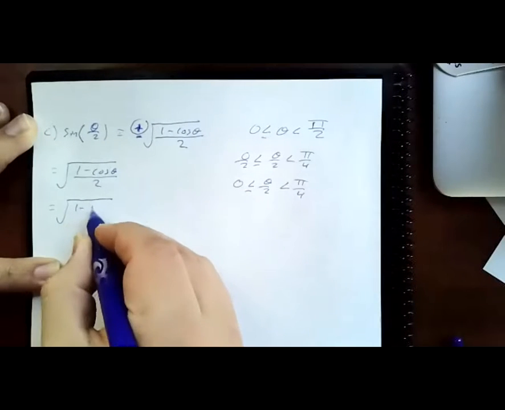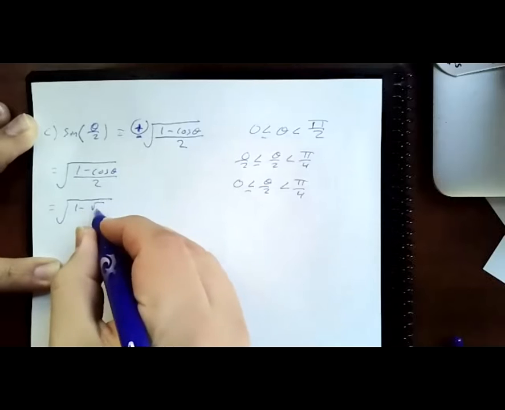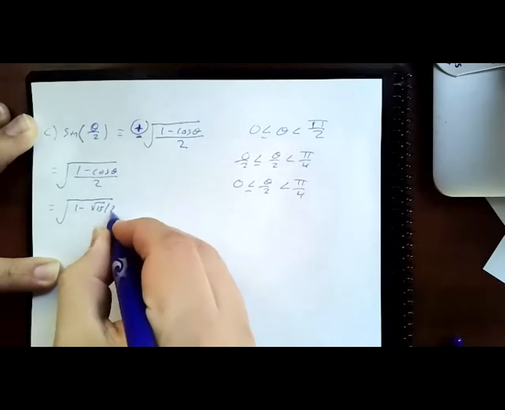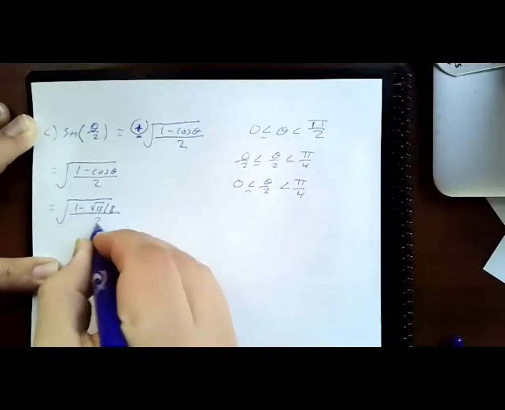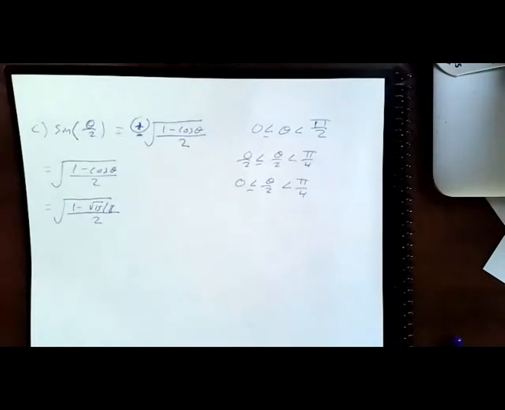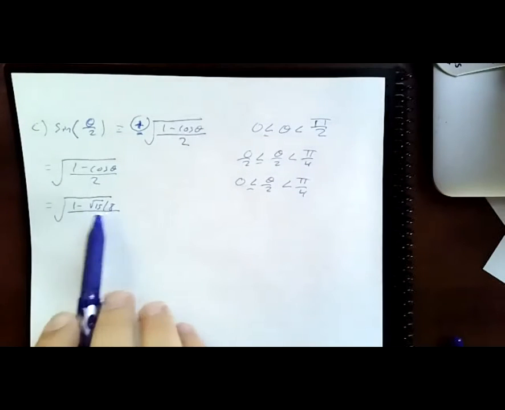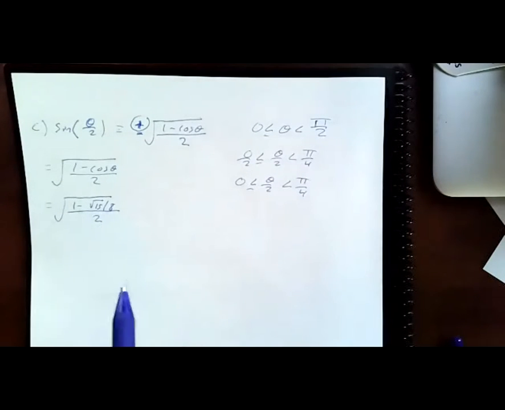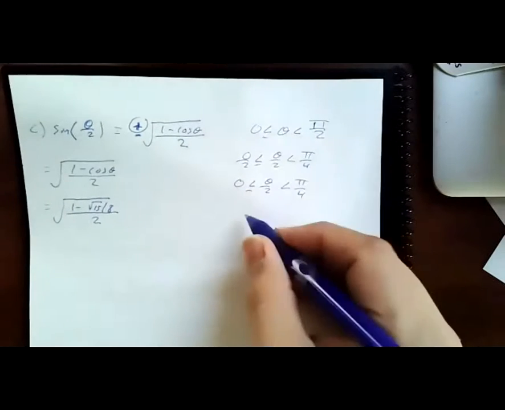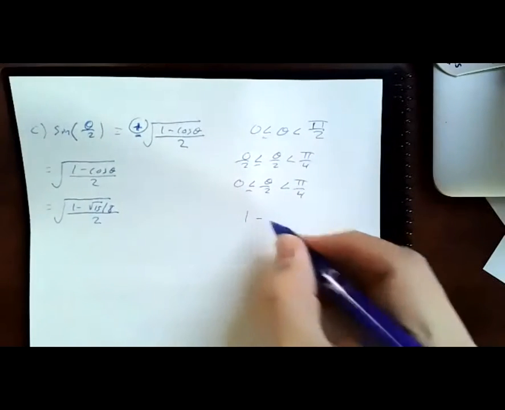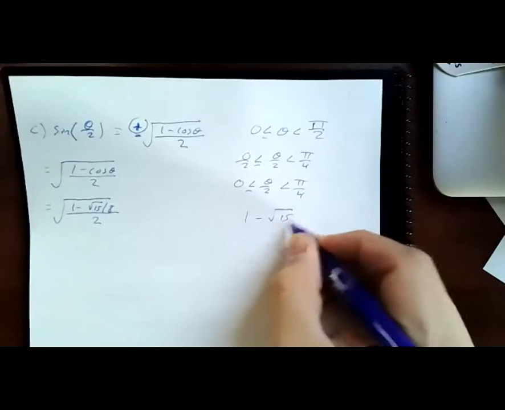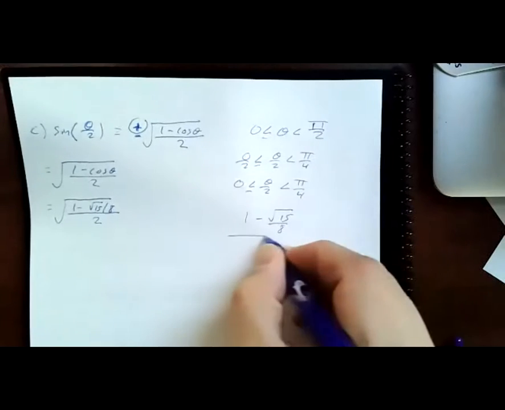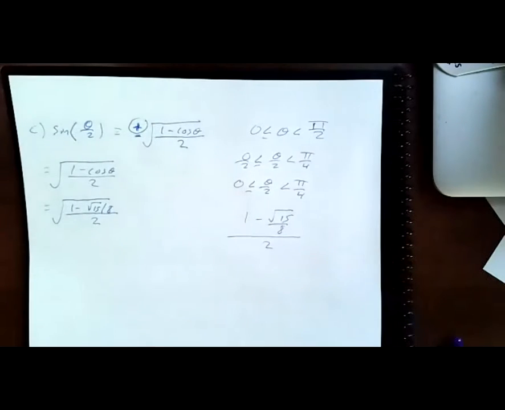So 1 minus square root 15 over 8 divided by 2. I need to subtract these fractions and reduce this, and then we're done. That's what's inside the radical, right?